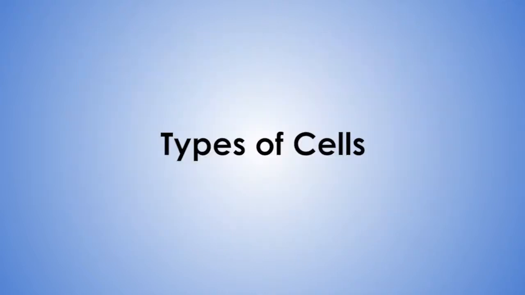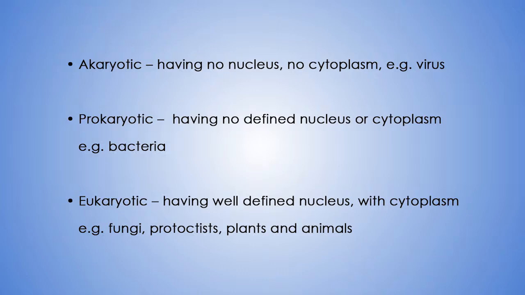Now let's turn our attention to types of cells. There are 3 types of cells according to their structure, and the first one is the acellular. Those have no nucleus, no cytoplasm, an example being the virus that we previously talked about.